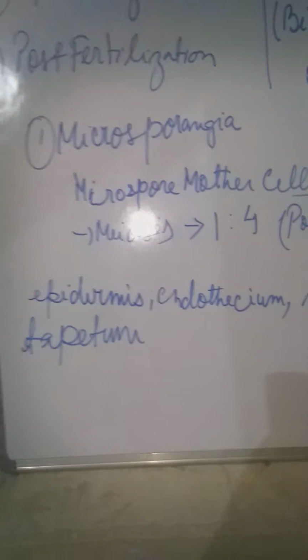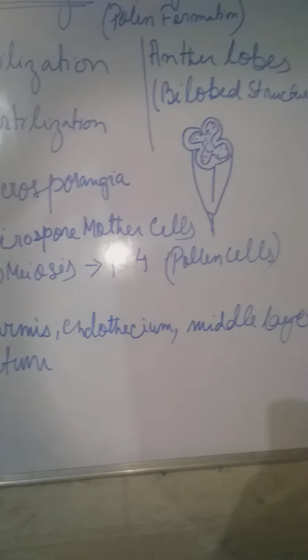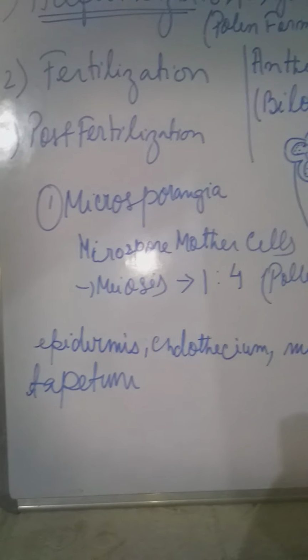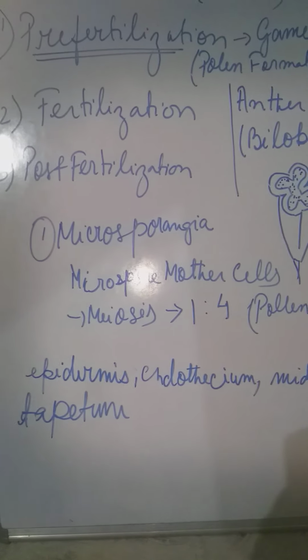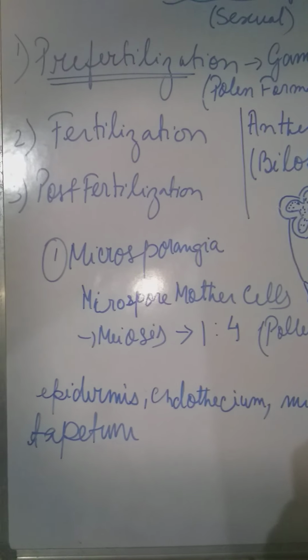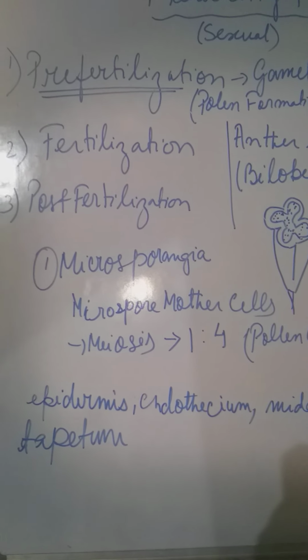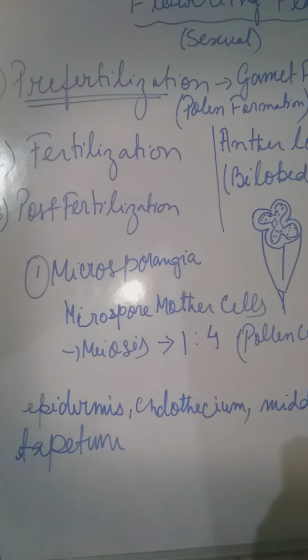What are the 4 layers? You see the epidermis, endothecium, the middle layer and the tapetum. Now the structure of the tapetum is very essential, morphologically as well as cytologically important, because the cells of the tapetum nourish the sporogenous cells, which undergo meiosis to produce the pollen grains.